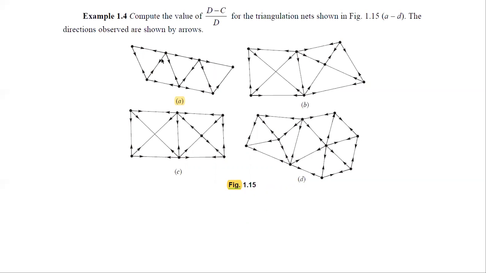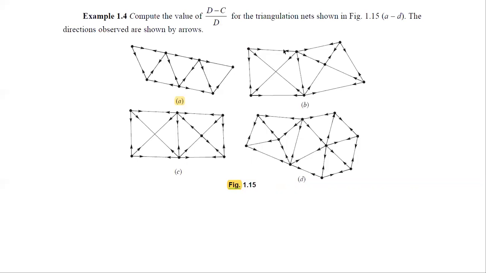Similarly, we will get the values of how many lines have been observed in both directions, by seeing the arrows on the lines. The arrows clearly show that it has been observed in this direction, and this arrow shows that it has been observed in this direction also. So this line has been observed in both directions.